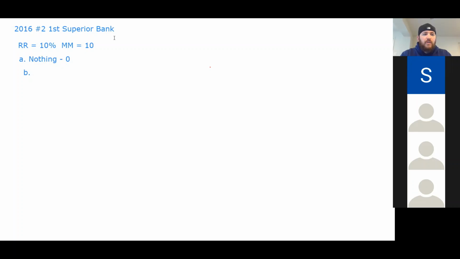So with that $100 deposit, we have to take 10% for our reserve requirement, which we know is going to give us $90. So in order to find this answer, we're just going to now take the $90 and multiply it times the money multiplier. And we will get $900.